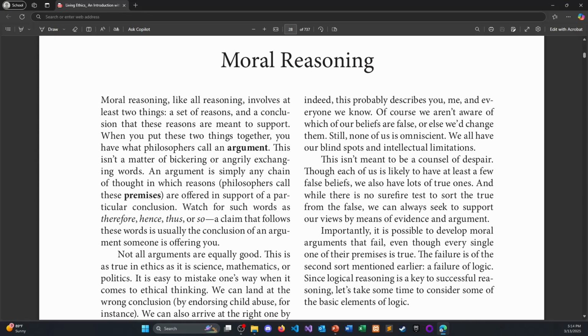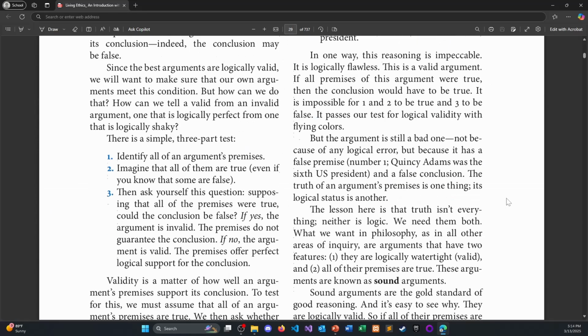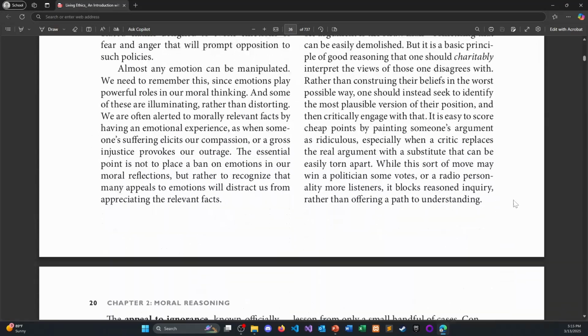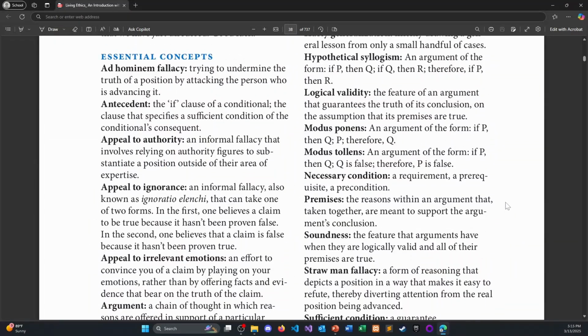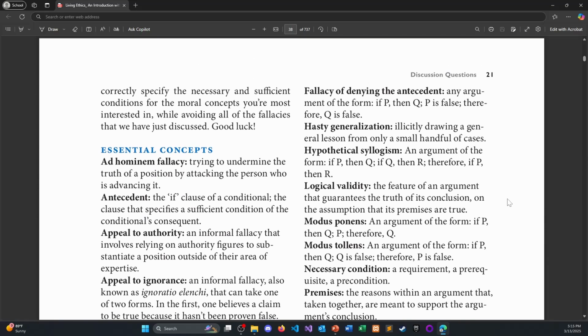So I bring this up because here on the first page of this chapter, we have these bolded words, argument and premises. And if we scroll all the way to the end of the chapter, we're going to see that there is actually a little glossary that gives us all of the bolded words for the chapter. So if you're going to memorize something for this course, I would say to start here in these bolded glossaries.